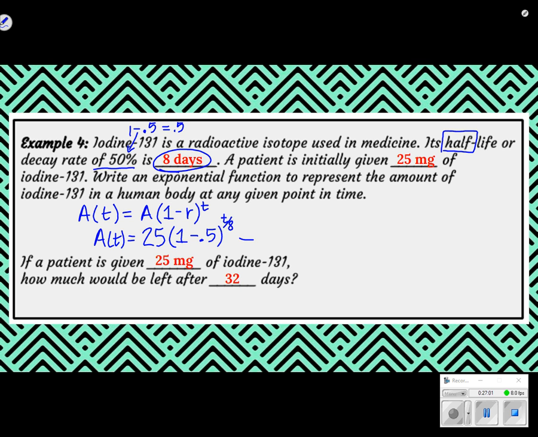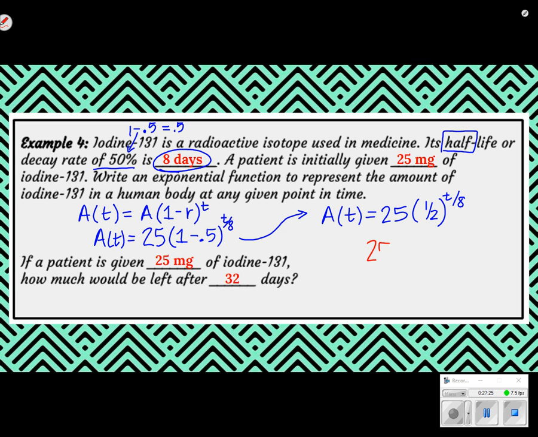Okay, so we're going to write this as our equation. A of t equals 25, and we're going to simplify 1 minus 0.5. You can do 0.5, you can do 1/2, I'm okay with either, to the t over 8 power. So that's our equation. Then we're going to go ahead and plug in 32. I'm going to do that in a different color.